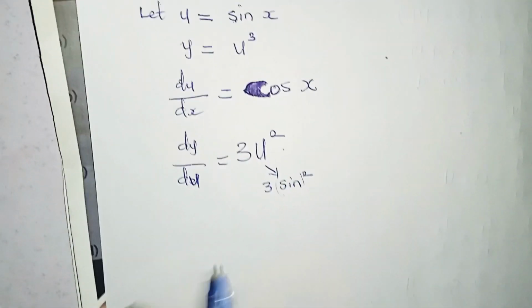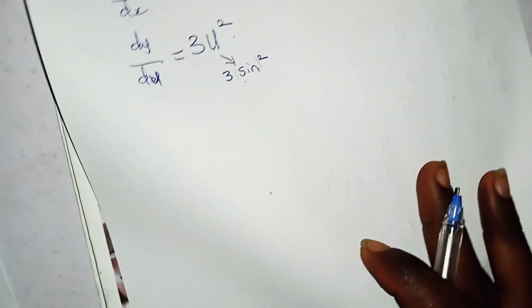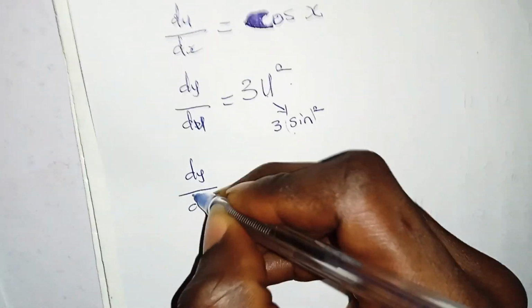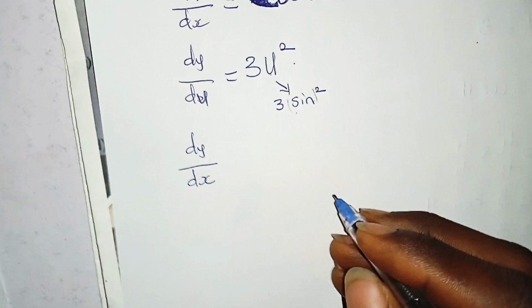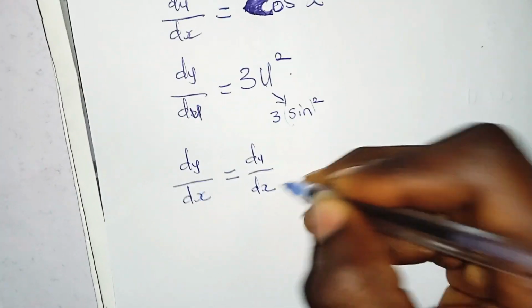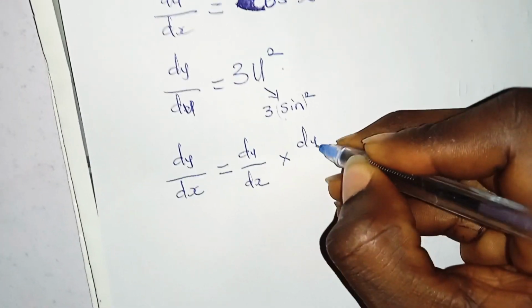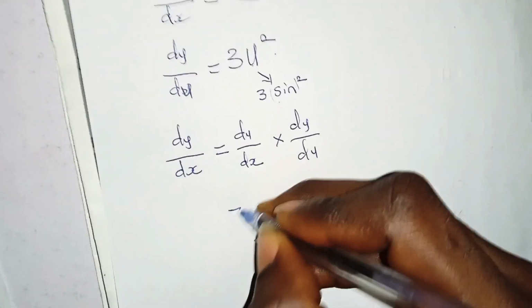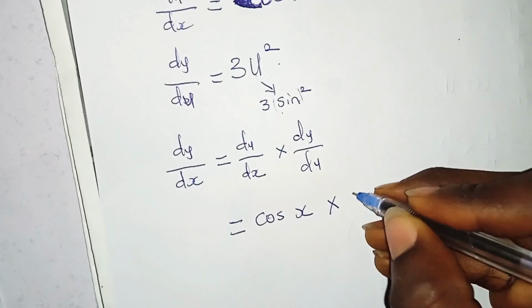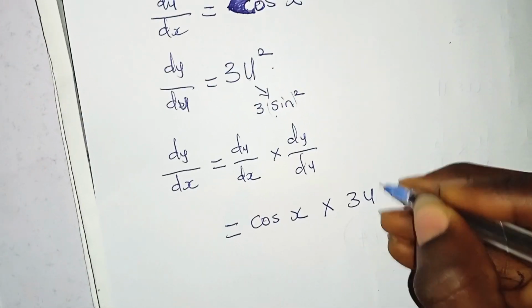So when you want to get dy/dx, it is the same thing as du/dx times dy/du, which is cos x times 3u squared.